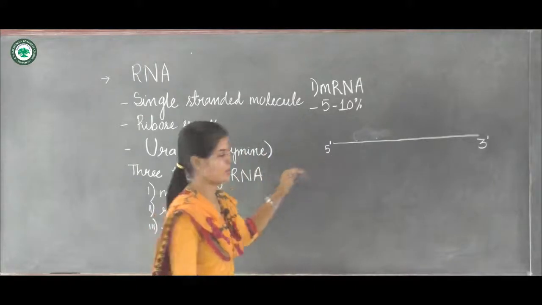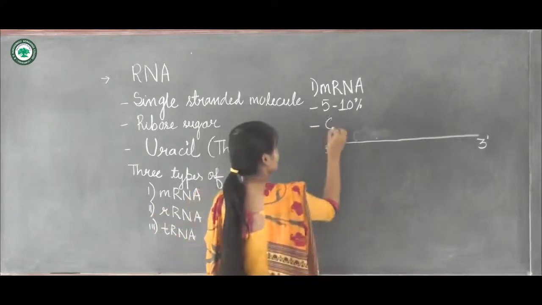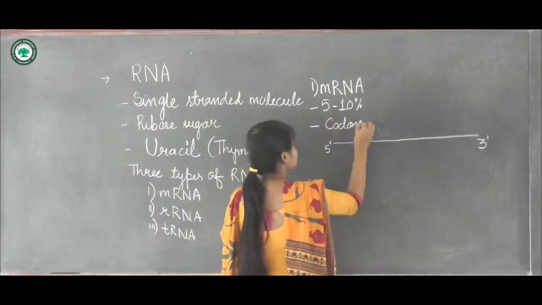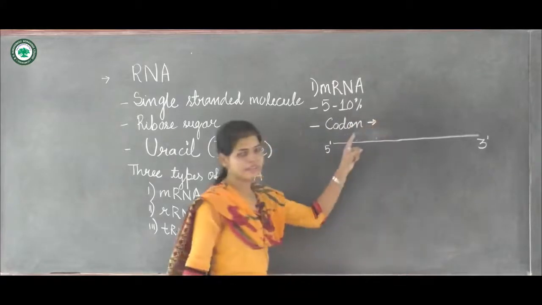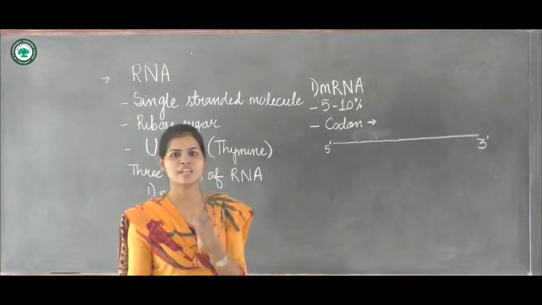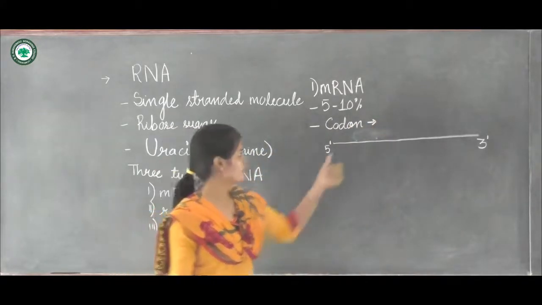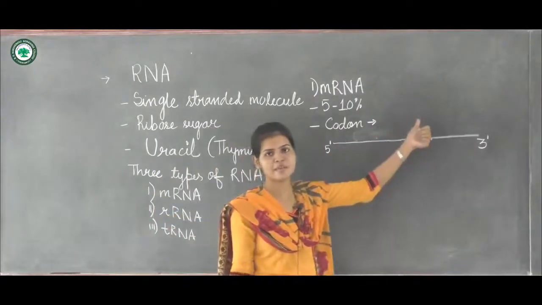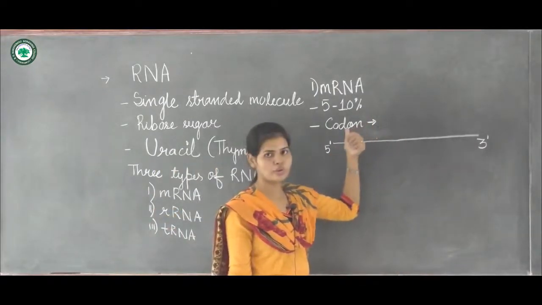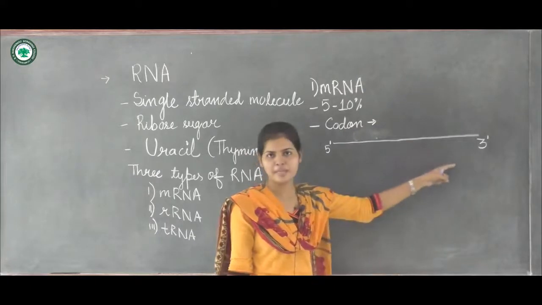Now what is a codon? A codon is made up of 3 nucleotides. That 3 nucleotides makes a codon. So these codons are present throughout the mRNA.